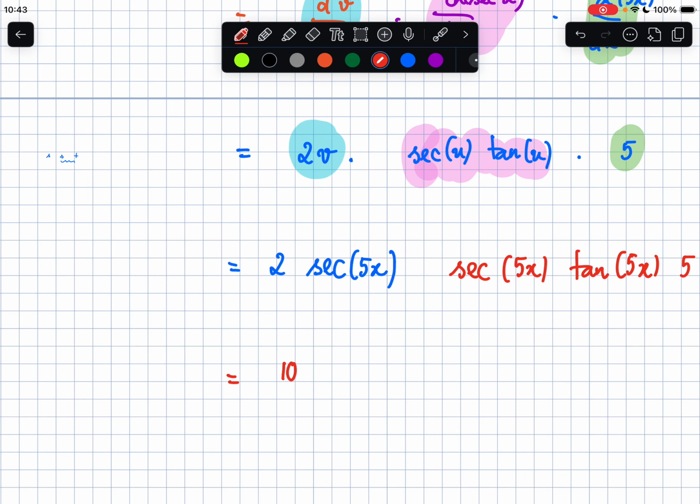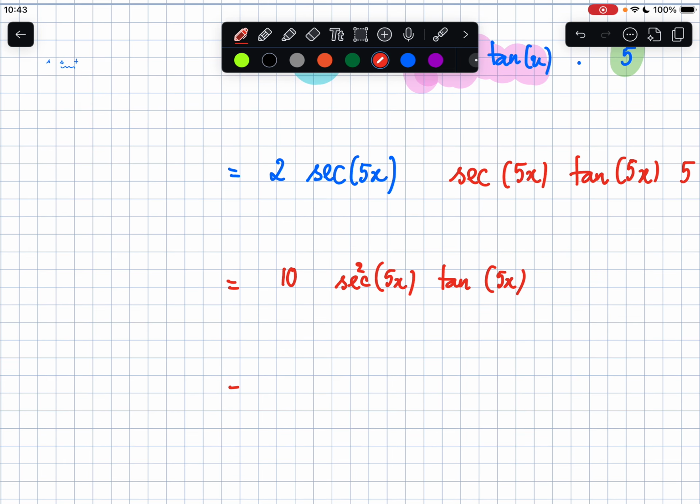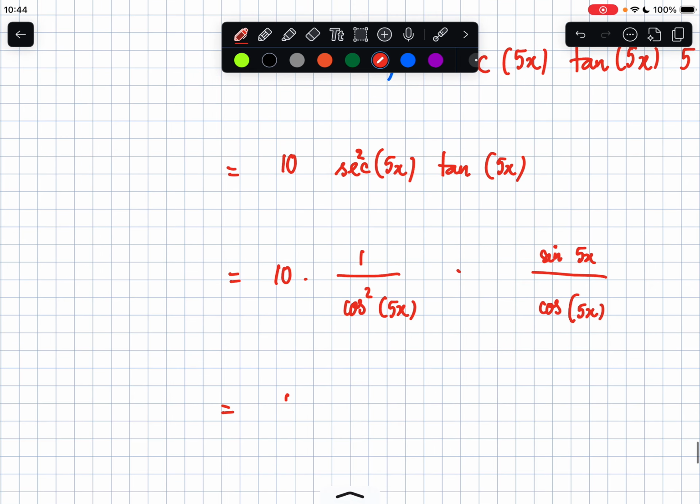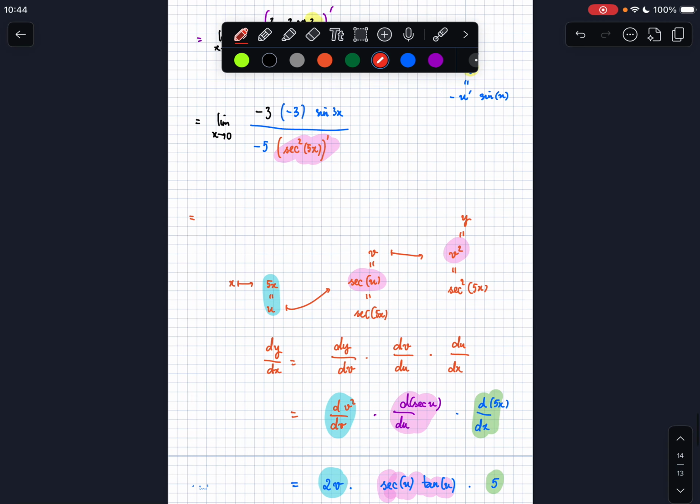Let's write 10 multiplies secant square 5x, tangent 5x. If I want to get rid of secant, I can write secant as 1 over cosine 5x. Tangent I can also write as sine 5x over cosine 5x. So this one is 10 multiplies sine 5x over cosine cube 5x. Now we are good. We can plug in here.